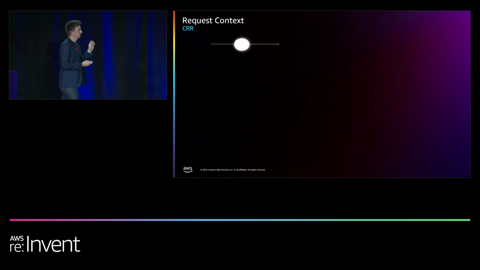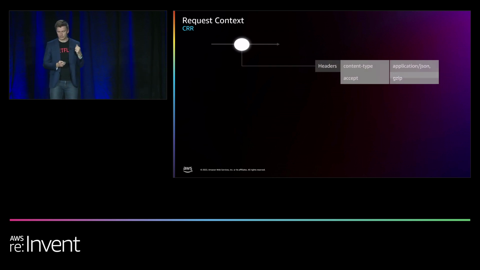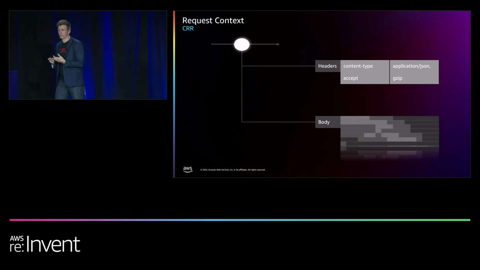To do that, we used a request context technology, or as we call it, CRR. Let me explain how that works. A single request, as you probably know, is composed of headers and a body. CRR allows us to attach custom tags to the headers of every request that we see in our infrastructure.